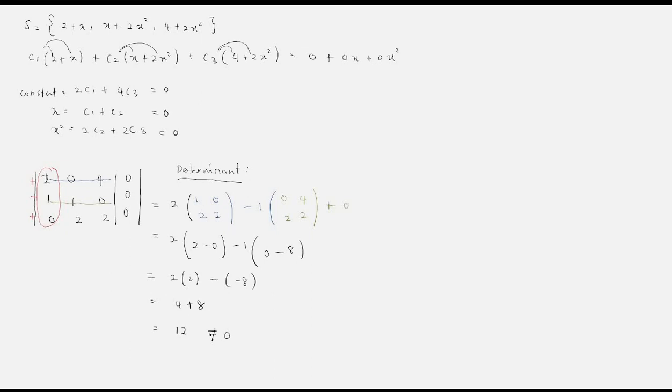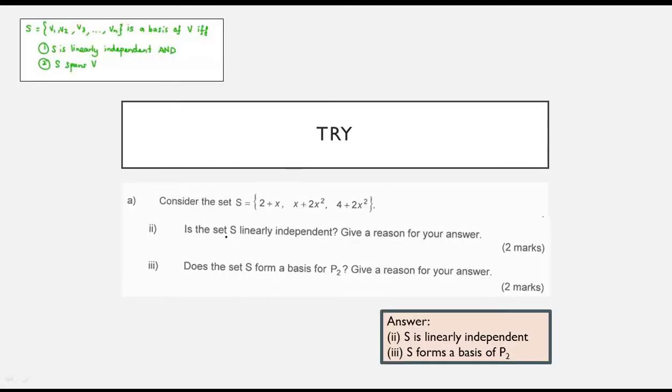When the determinant does not equal 0, we can conclude that this set is linearly independent. That is the first question: is the set S linearly independent? The answer is yes, correct.